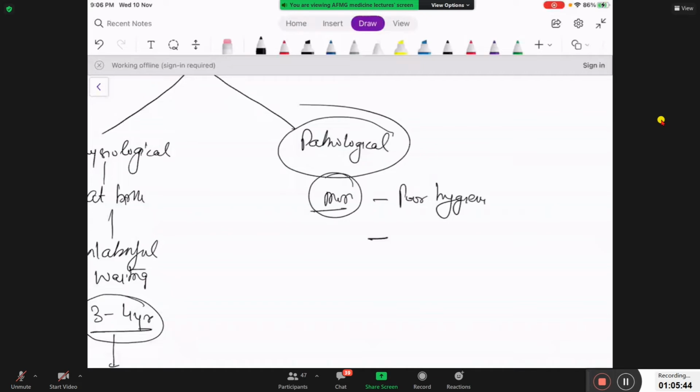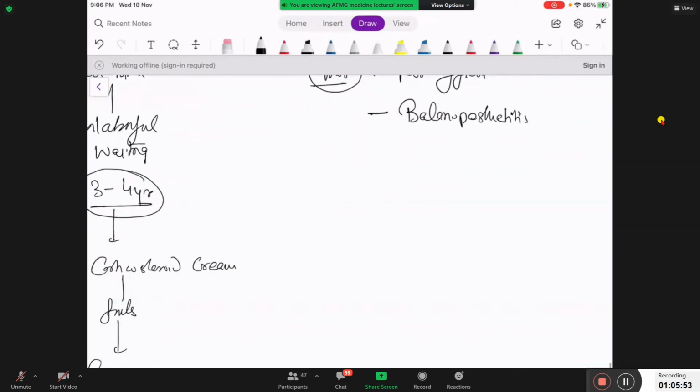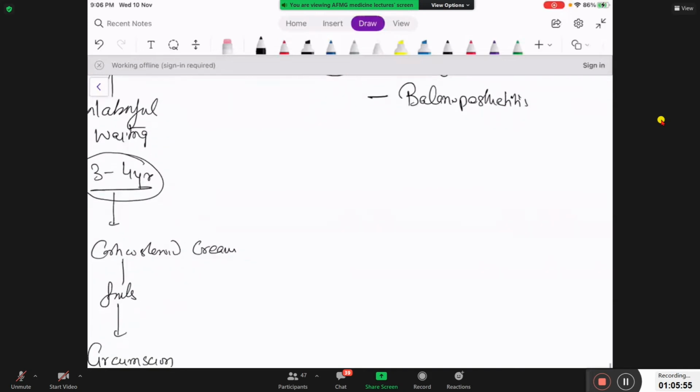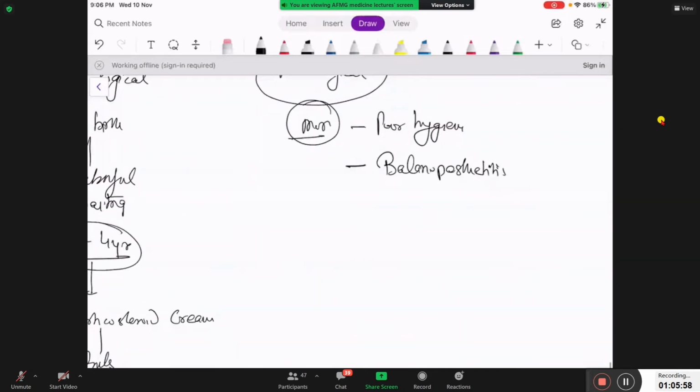The other reason can also be balanoposthitis. Balanoposthitis means inflammation of the glans or prepuce. If there is an inflammation of the glans or prepuce, then also adhesion between the foreskin and the glans develops. So this leads to pathological phimosis.